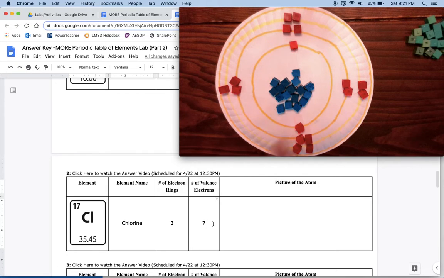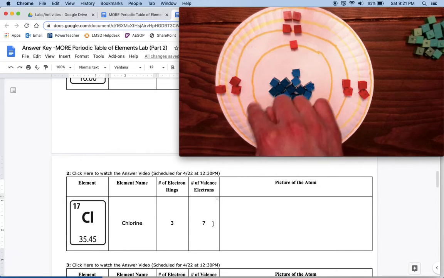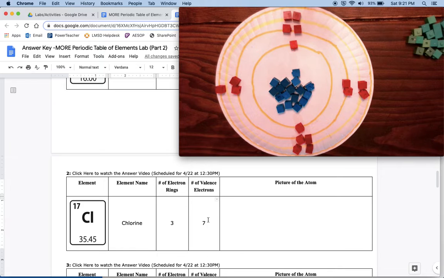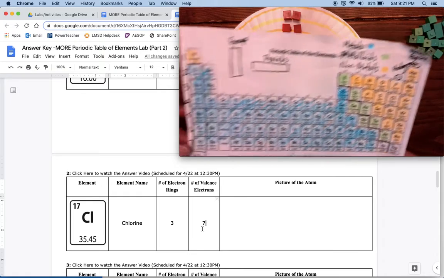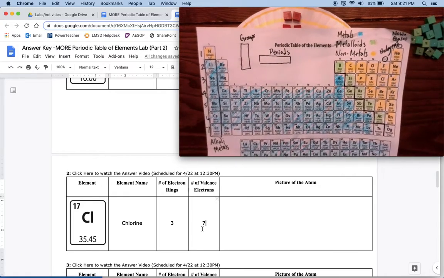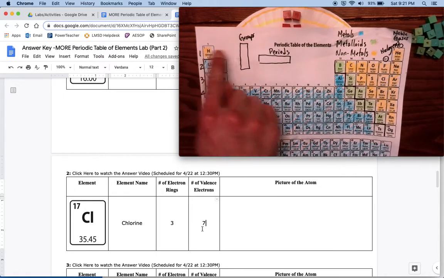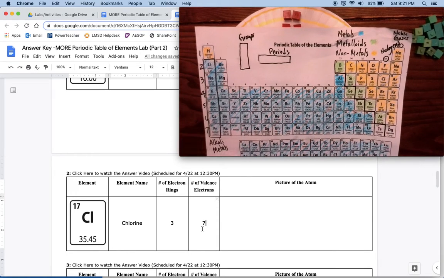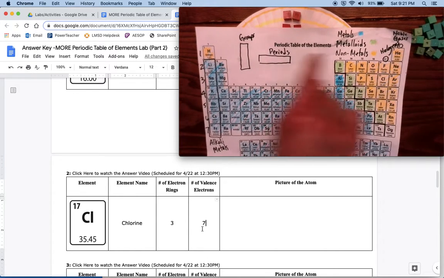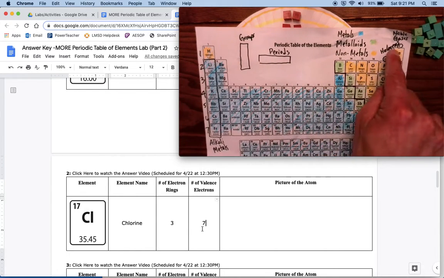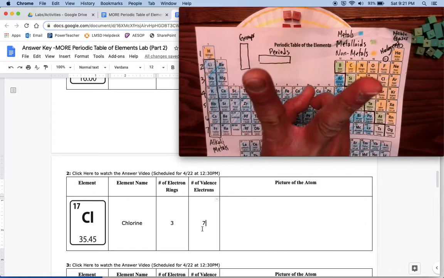Remember, how did I get to 2 here, and then 8, and then 7? Number 1, I should have 7 because there's 7 valence electrons. So that means that third ring should have 7 electrons. And then how do I figure out how many fit on each ring? Remember, on each ring, you can only have as many as there are in that row. So since the first row only has 2 elements, hydrogen and helium, you can only fit 2 electrons in there.